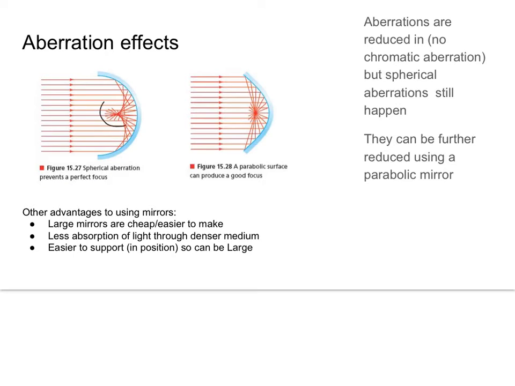So you end up with this blurry situation here. The way to reduce this is to design your mirror carefully. If you use a parabolic mirror or surface, then the rays that are parallel to the principal axis always pass through the focus. So you get that perfect reflection effect through the centre focus.